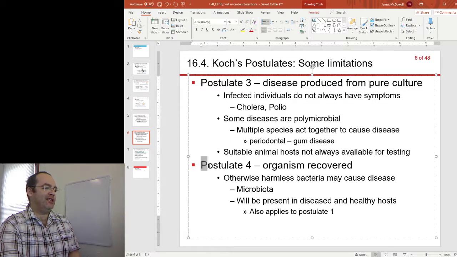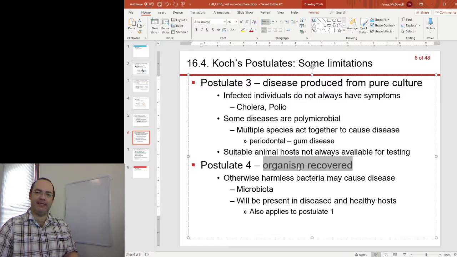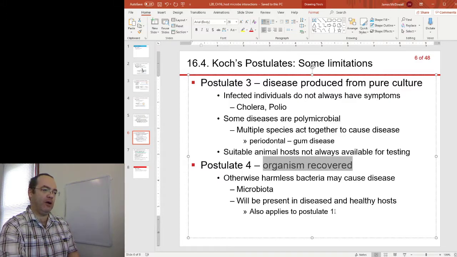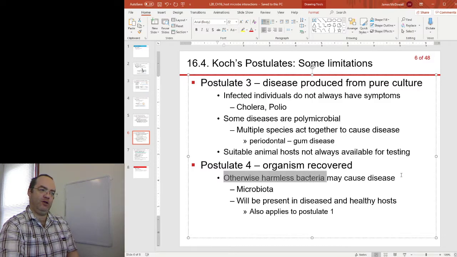Postulate number 4, the organism is recovered from the diseased animal in the second round. This also applies to postulate number 1, the idea of the microbiota, that we are covered in typically harmless bacteria.